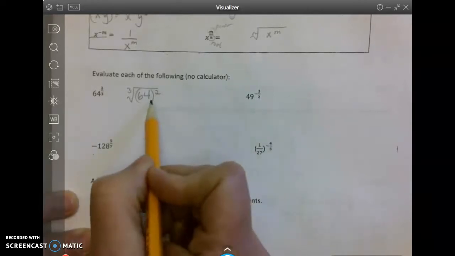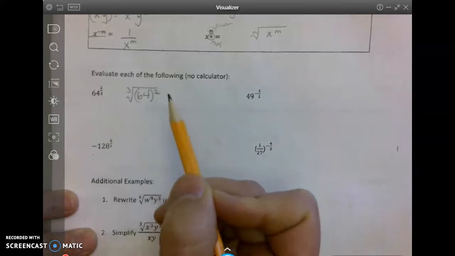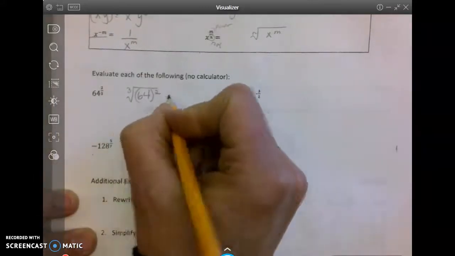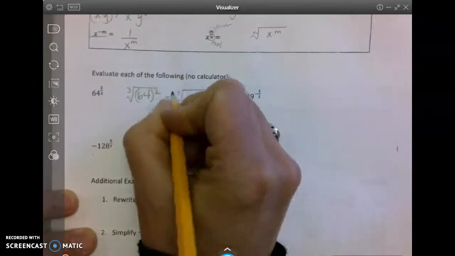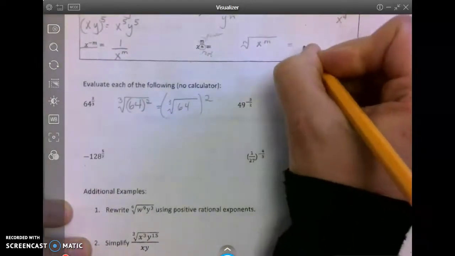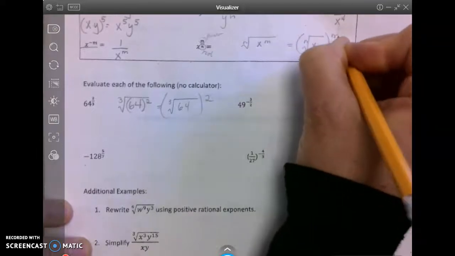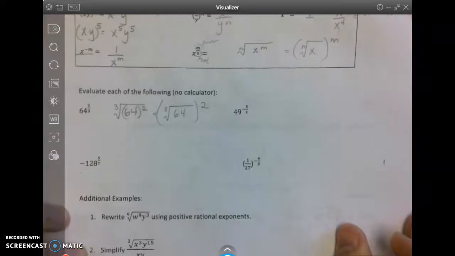If I square the 64 and then try to find the cube root, that's going to be really challenging, especially without a calculator. So I'm going to think of this as the cube root of 64 and square that. Kind of like this could have also been written as the nth root of x to the m. You can think of it either way.